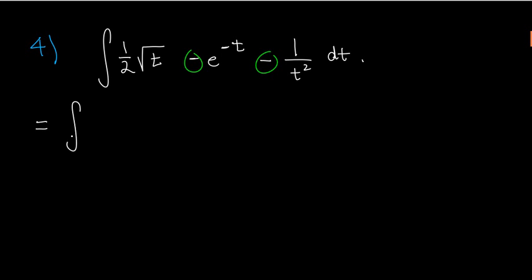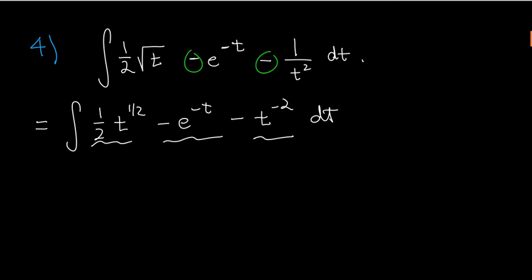We have the integral of 1/2 t to the power 1/2, setting us up for the power rule. Minus e to the minus t, I won't touch that part, but you can notice that the k is a negative 1. And then we have minus t to the minus 2 dt. So we have two power rules here, and then we have an exponential rule right here.